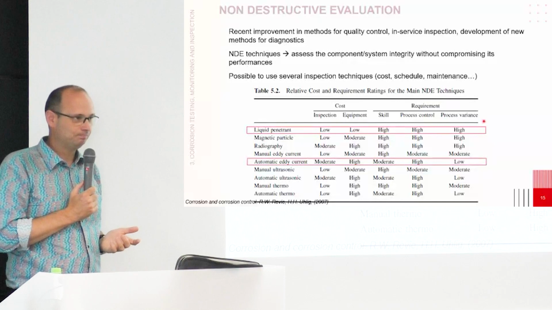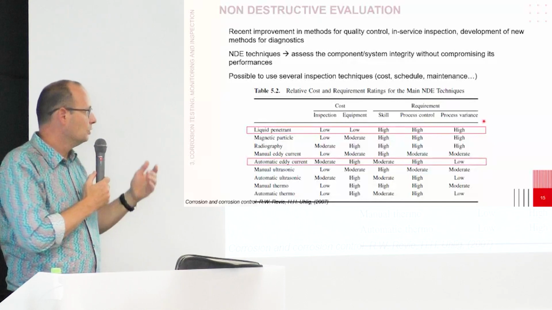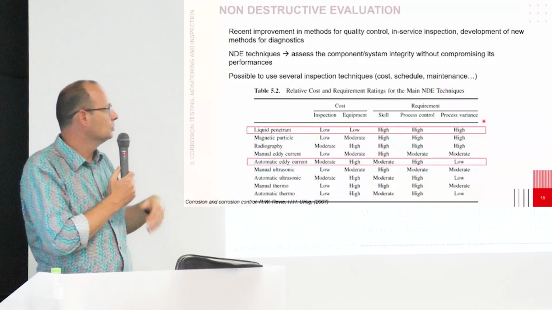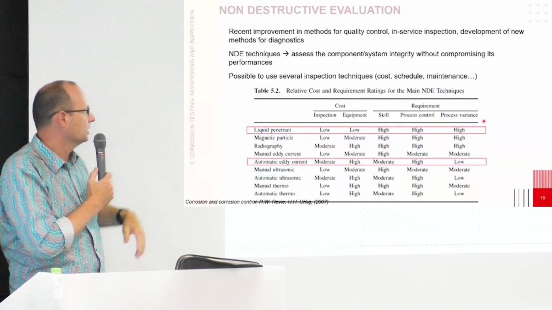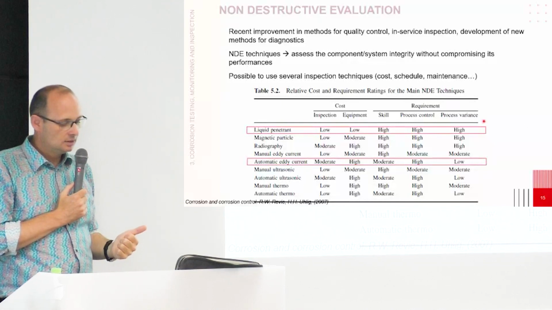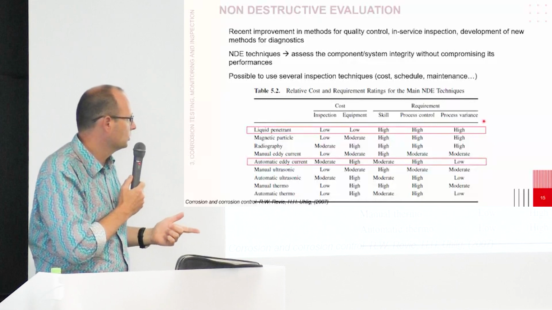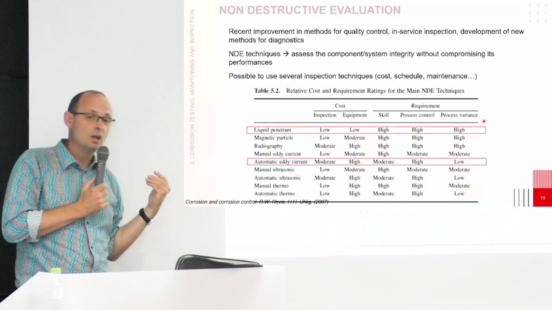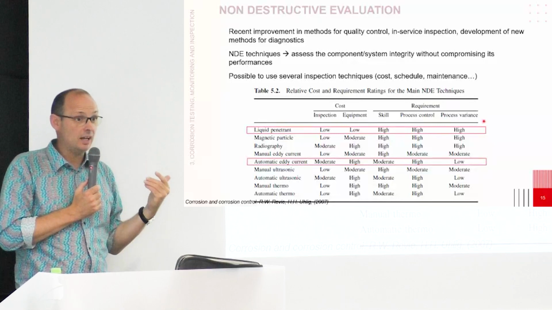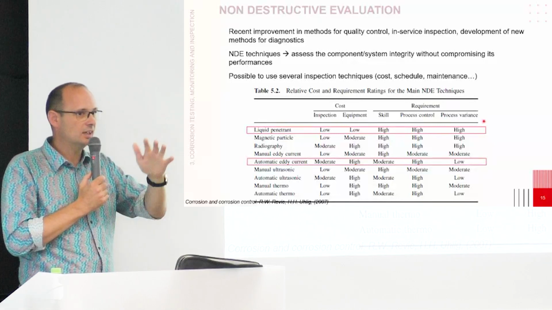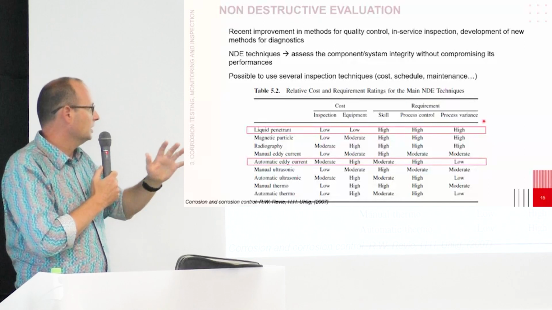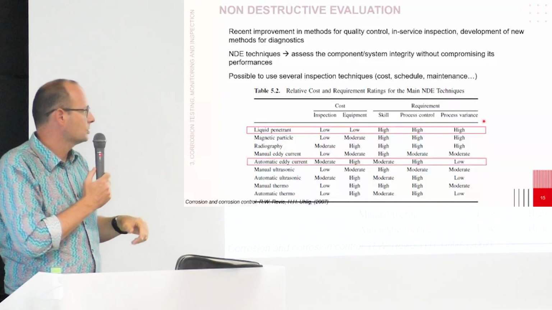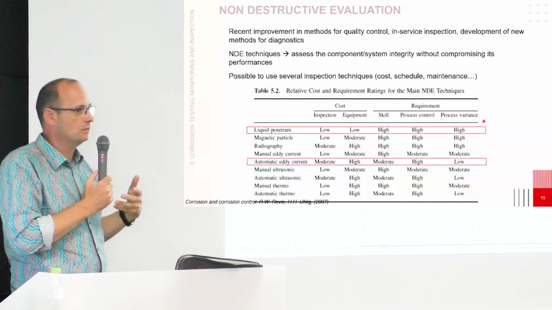The problem is, if I look at the requirement to understand and to qualify the corrosion from this technique, skills are high, the process control is high, and the process variance is very high. That means that your staff needs to be really trained. And we already discussed that with the problem of some techniques like ultrasounds and eddy currents, where you need to have staff with certification.